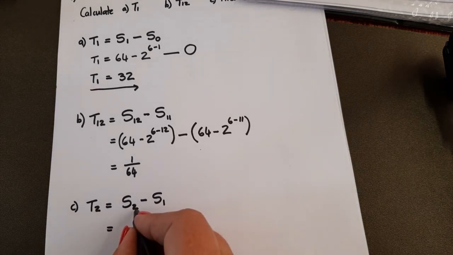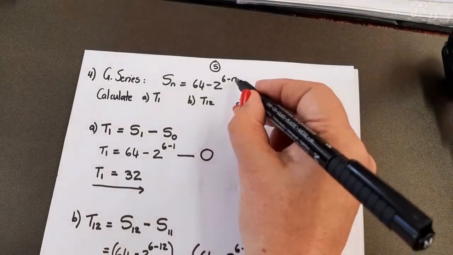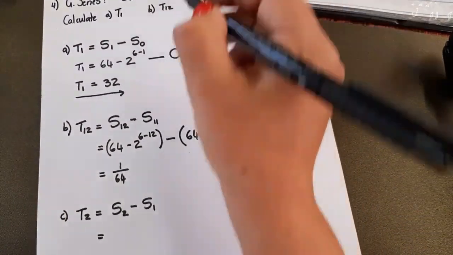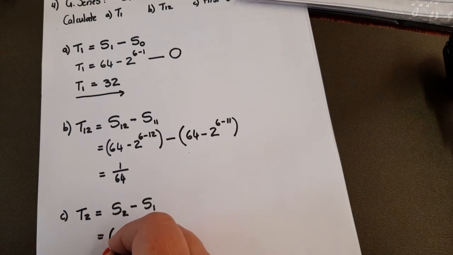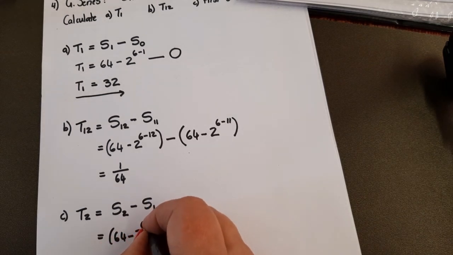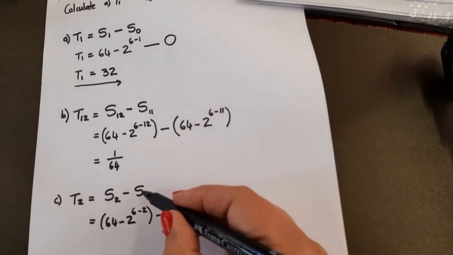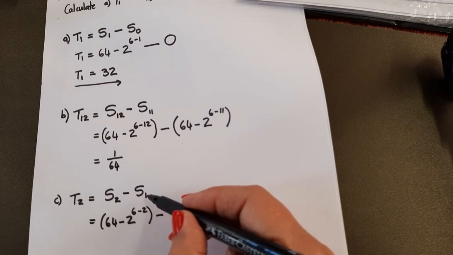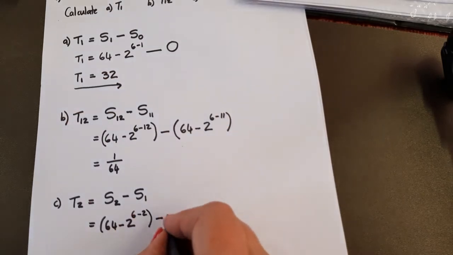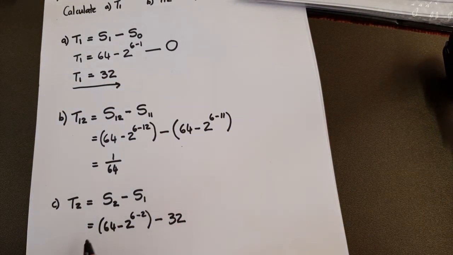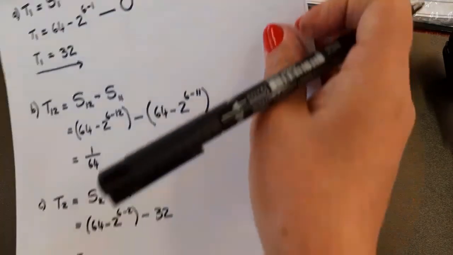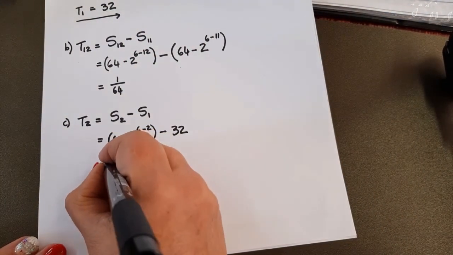We substitute 2 into n's place in the given formula. So it will be 64 minus 2 to the power of 6 minus 2, minus the sum of 1 term, which is the same as term 1, and we know term 1 is 32. Type that into your calculator and you get an answer of 16.